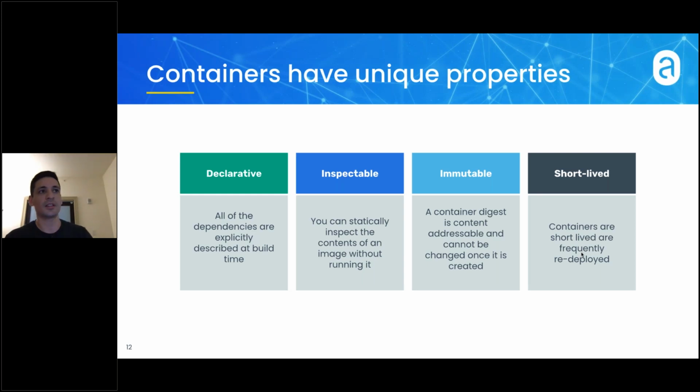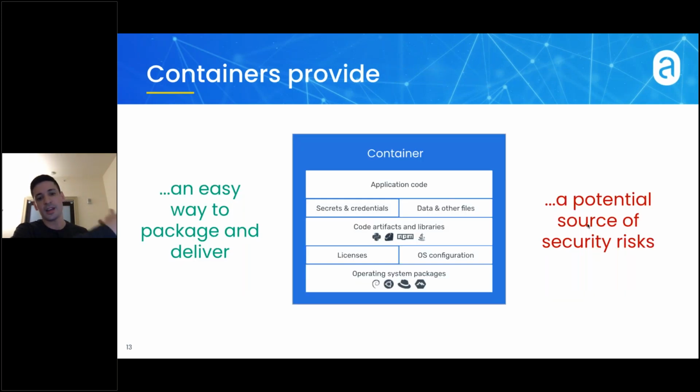In the context of this particular container image, we're looking at the application code, the secrets and credentials, the code artifacts. It's much more than just a list of dependencies and we're done, right? We're dealing with the entire deployment artifact, and there are certain layers within it that potentially are a source of security risks. And risk comes from many different sources.